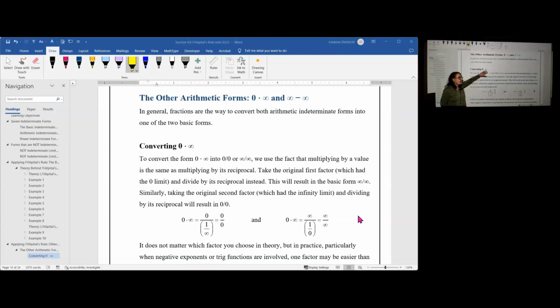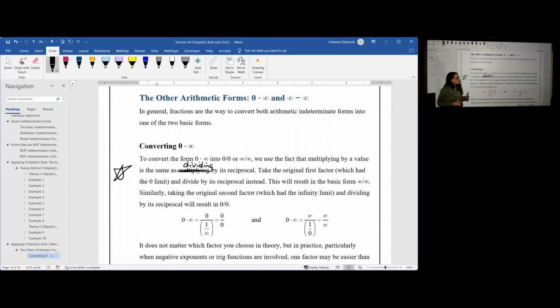Let's look at 0 times infinity first. We can take the fact that multiplying by a value is the same as dividing by its reciprocal, and I have an error here. That should be dividing. Multiplying by a value is the same as dividing by its reciprocal. I'll make sure I get that fixed.